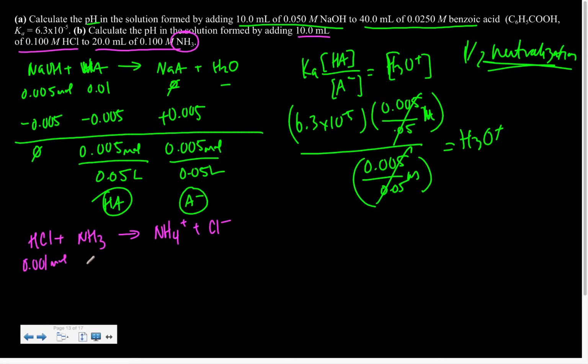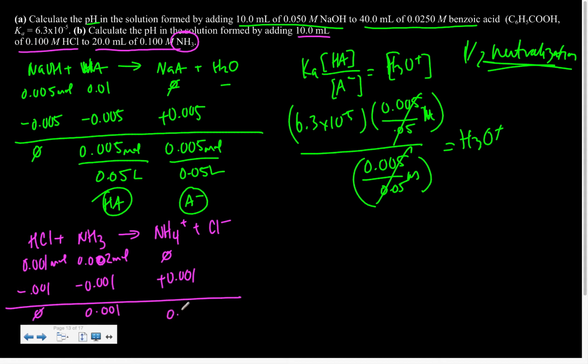And for my ammonia, we have 0.1 times 0.02, which is 0.002 moles of this, right? We have 0 of that, which then again reacts completely, so we're going to lose that, gain that, right? So this is going to be 0, this is going to be 0.001, 0.001.